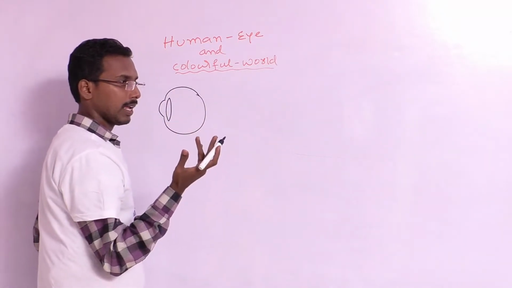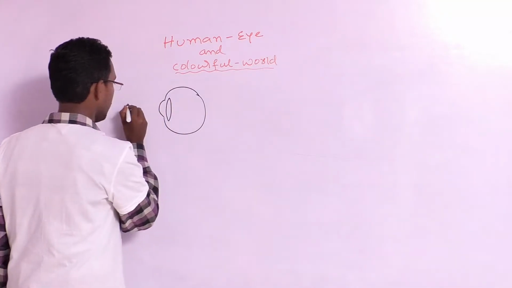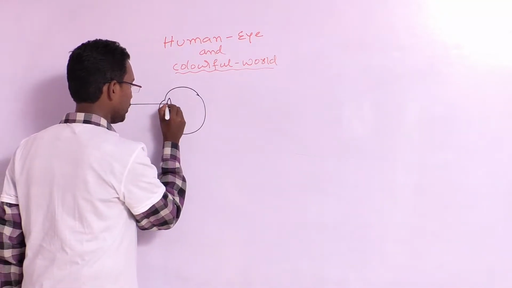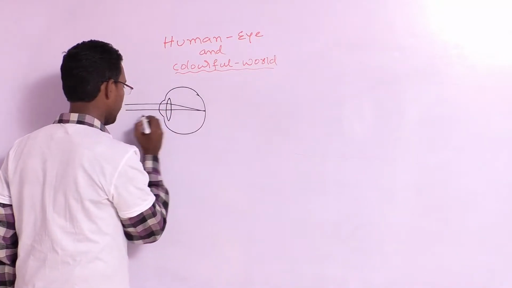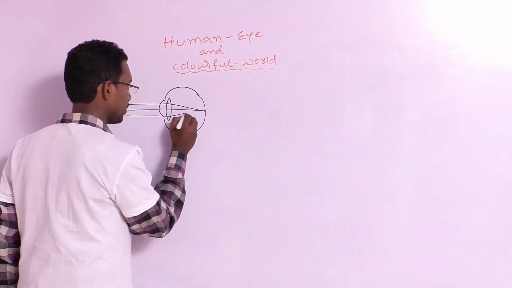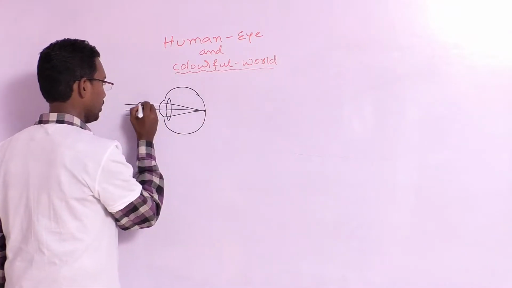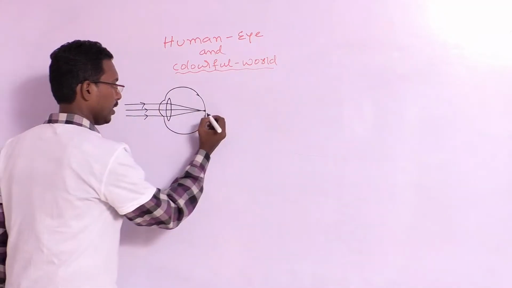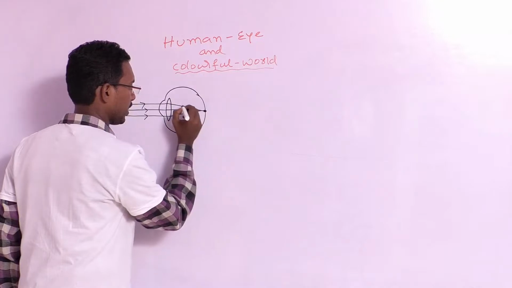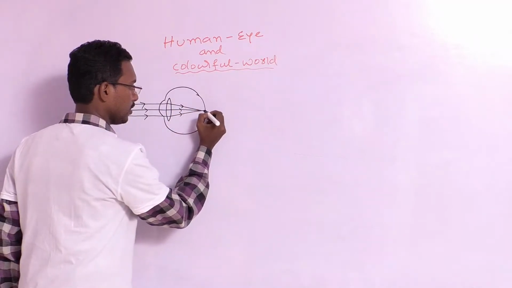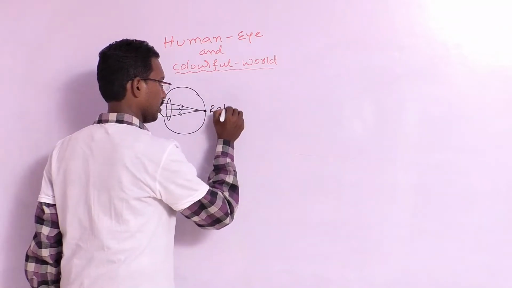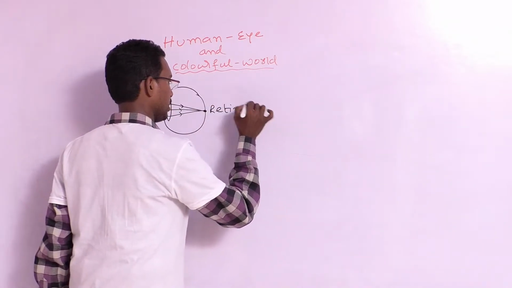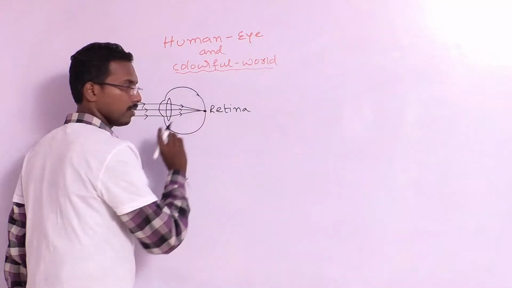So a healthy person can see any object which is far away from him. These are the light rays coming from a far object, and they have converged on the screen. Retina is the screen here. So the image is formed here. It's okay, right?